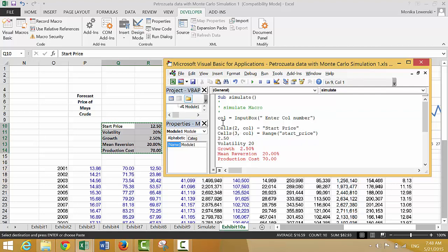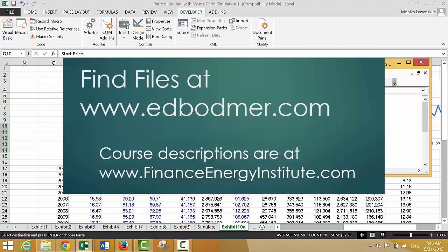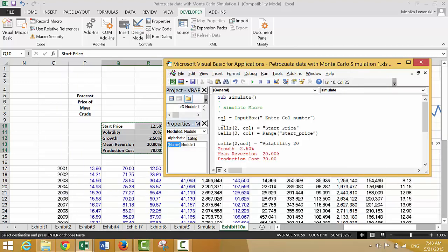Okay, and then let's do the same thing. Cells 2, col equal volatility. And I did it wrong, because we should have said cells 2, col plus 1.